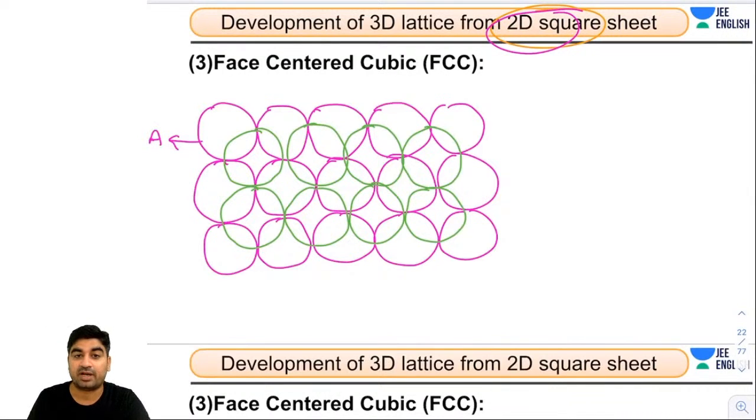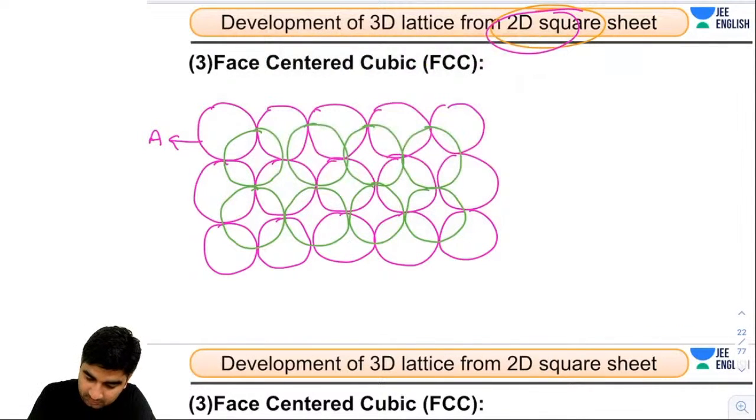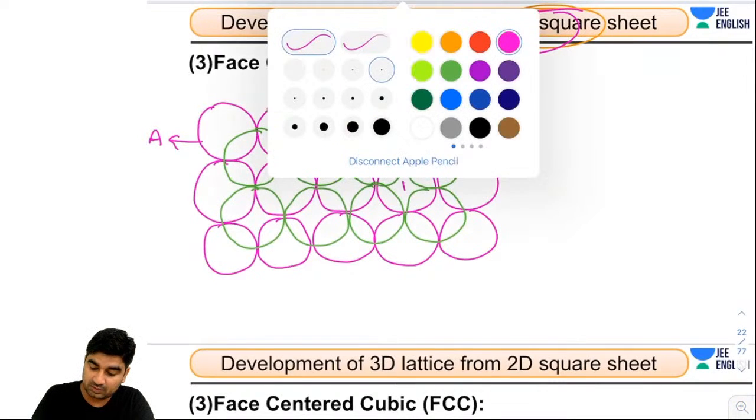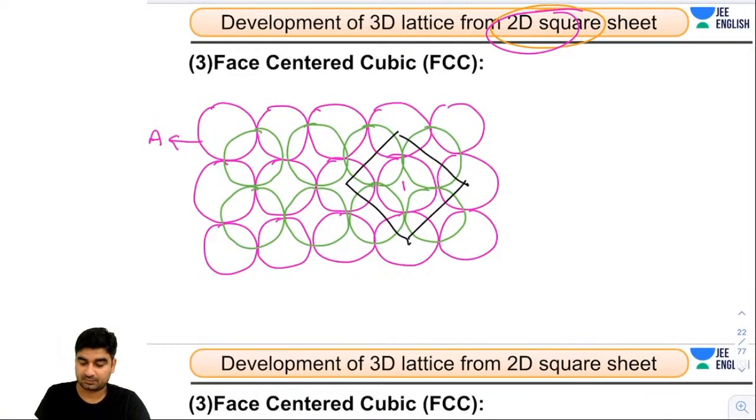Okay. So guys, here if I'm writing, this is one, right? So just focus on it, guys. Just focus on the pink spheres.